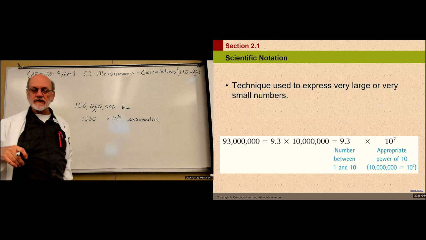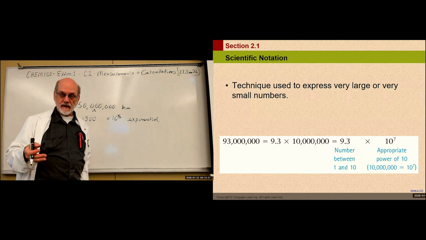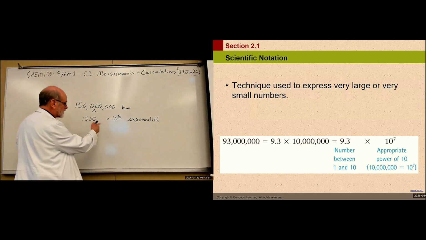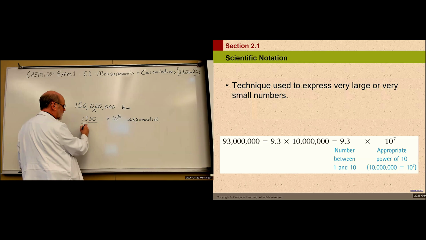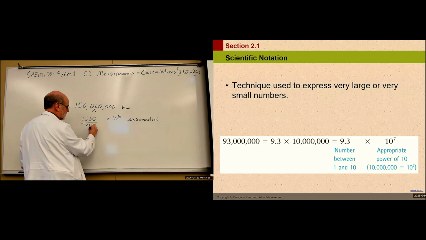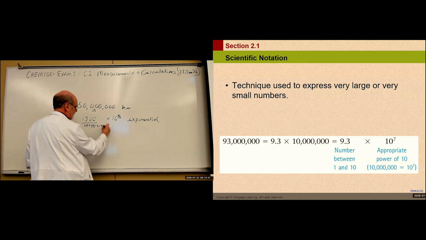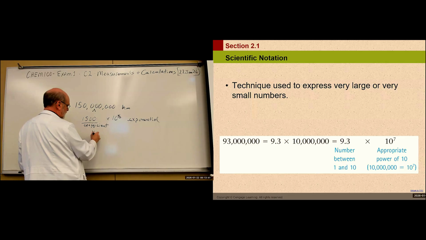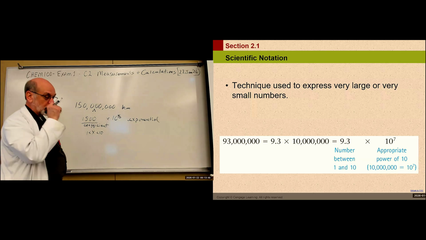The scientific notation is a special case of exponential, and it requires that this part of the number, the coefficient, has to be less than 10 and greater than 1.